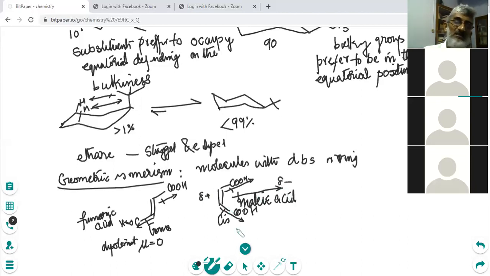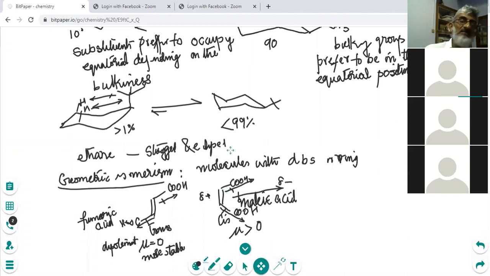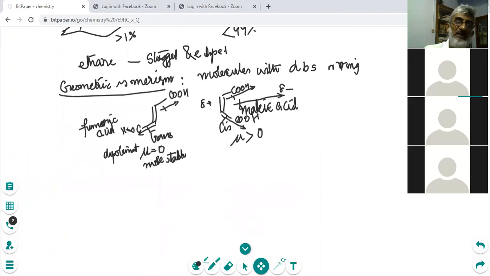That means it has a positive dipole moment, more than 0. So this is the property difference between them, and they have different properties. These are more stable, thermally resistant, and can withstand more heat, with a higher melting point. The other has a lower melting point.